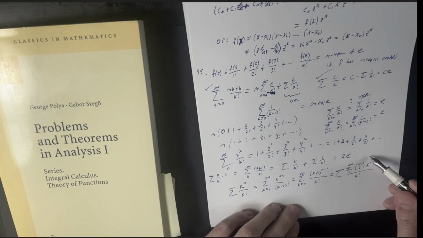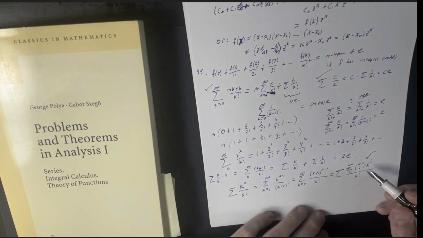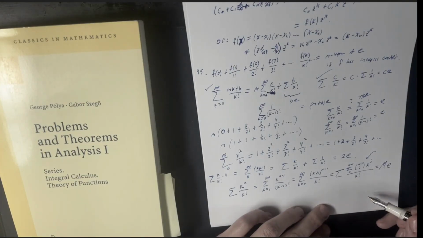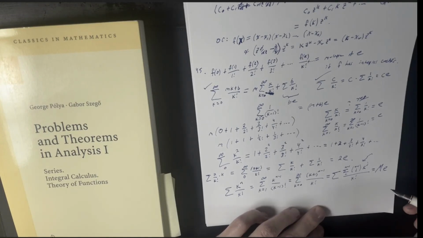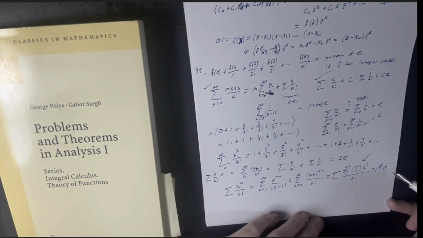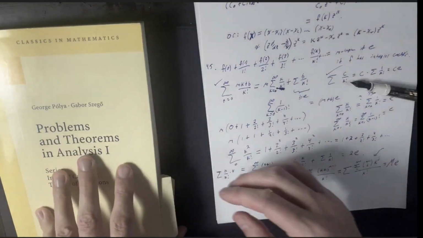But in any case, you can see that these are integers. Those are going to become factors in front of a thing that clearly goes to e, or some multiple of e. So you are indeed getting some multiple of e. Even without proving it by induction, you can see that you get something that's an integer multiple of e. We could probably make that a little bit more rigorous, but I wonder what he had to say.